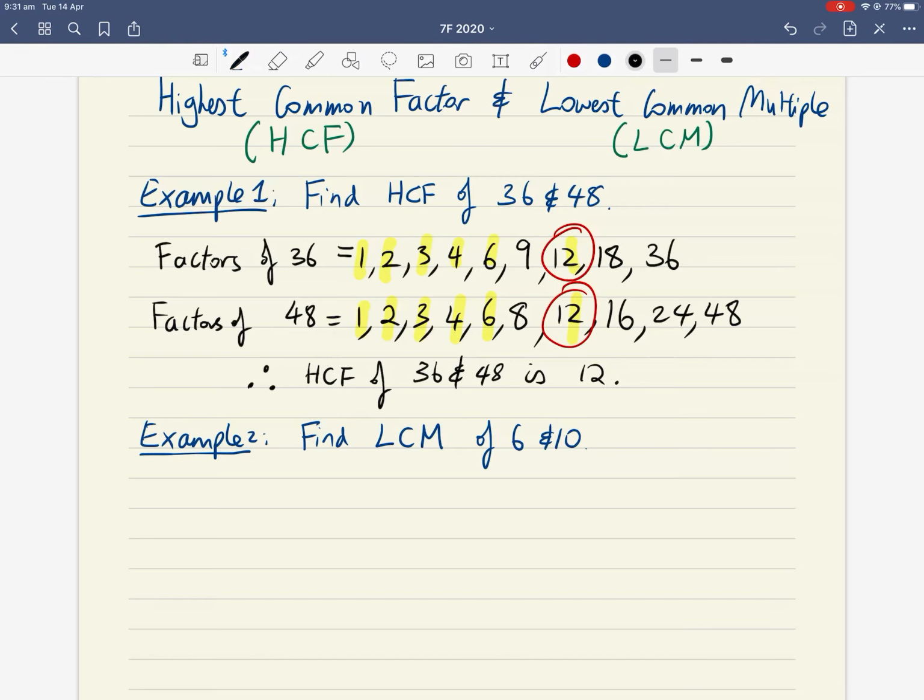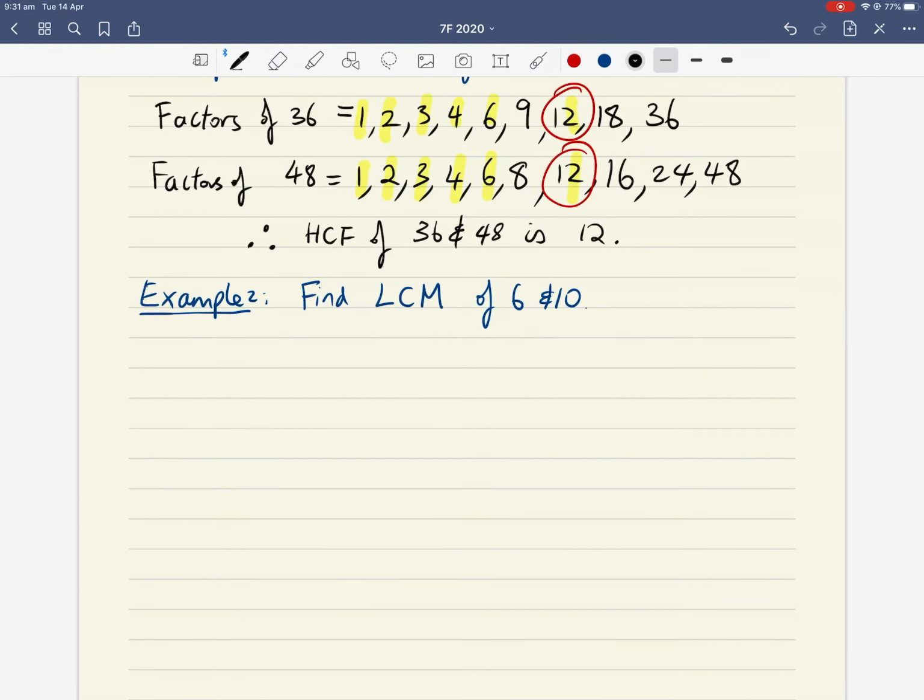First let's list out the multiples of 6. 6 times 1 is 6, 6 times 2 is 12, 6 times 3 is 18, 6 times 4 is 24, 6 times 5 is 30, 6 times 6 is 36, 6 times 7 is 42.